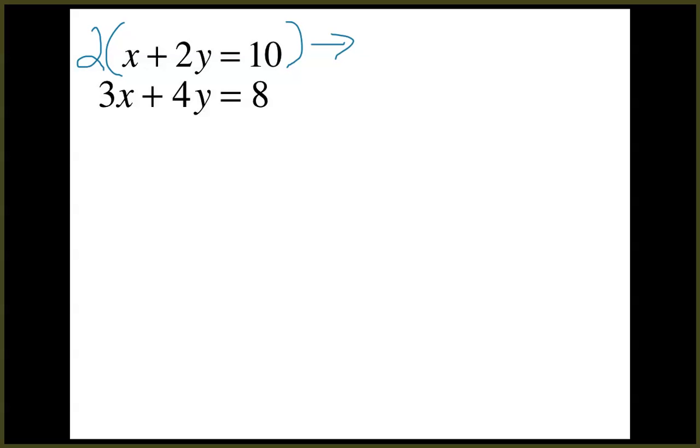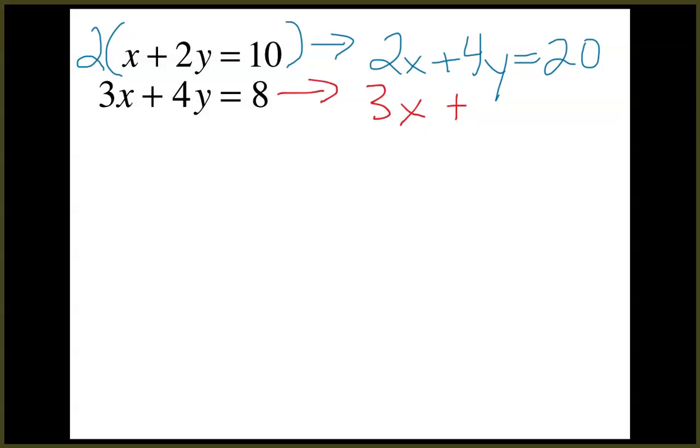And if you did that, you'd get 2x plus 4y equals 20. And then this equation would still be 3x plus 4y equals 8. And you could now subtract so that this 4y and this 4y cancel each other out, so that 4y minus 4y basically goes away.